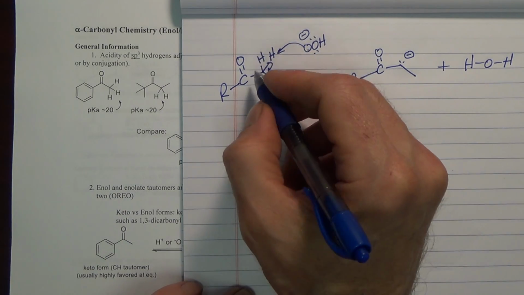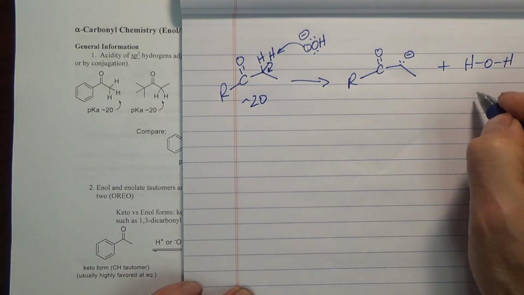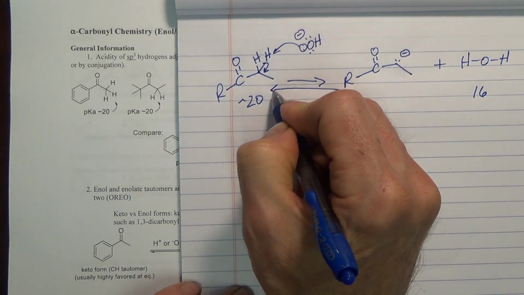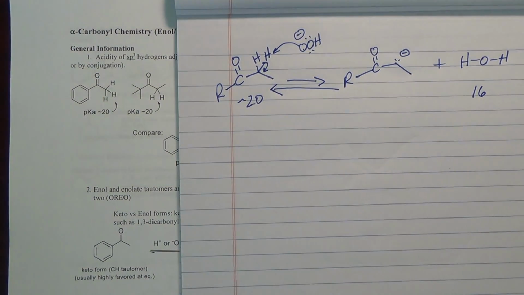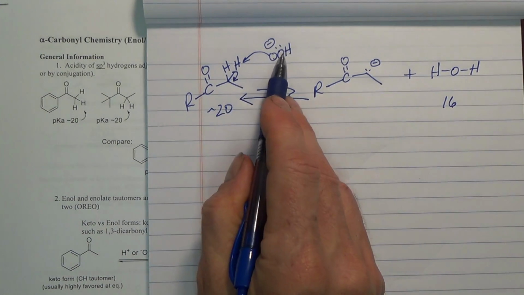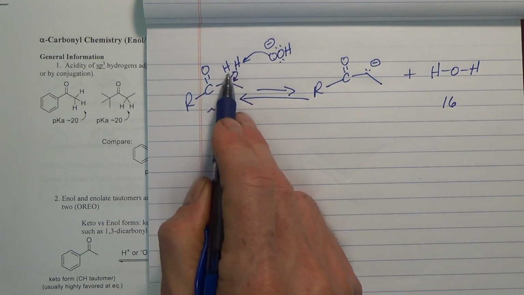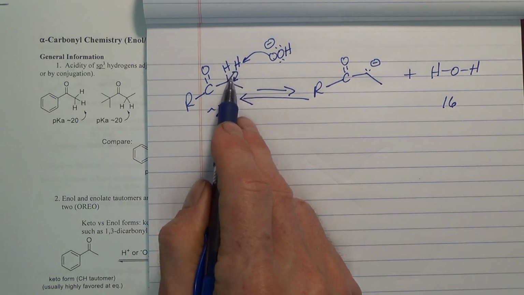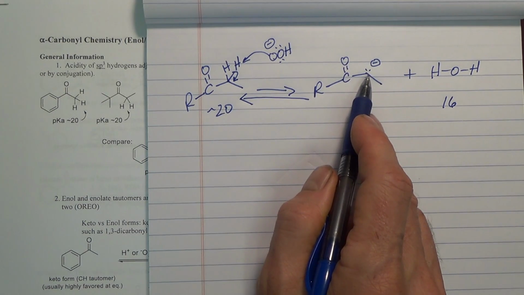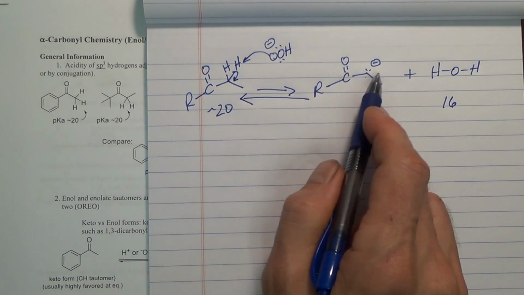And this has a pKa of about 20, we said. Water is 16. Which side's favored? Actually, the weaker acid is favored. Okay, so hydroxide is not going to completely deprotonate these alpha CH here. It's not going to completely form the anion, but we can form some in an equilibrium.